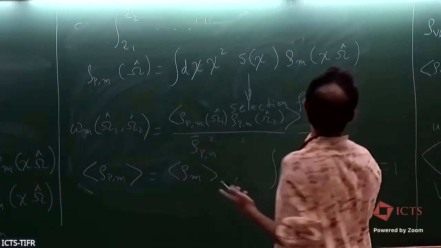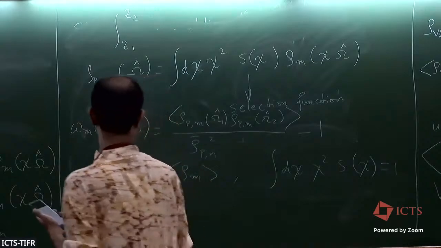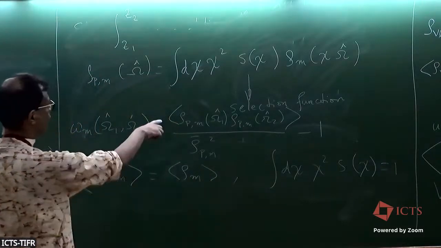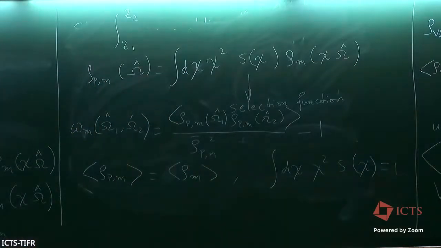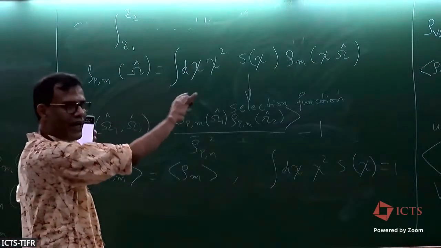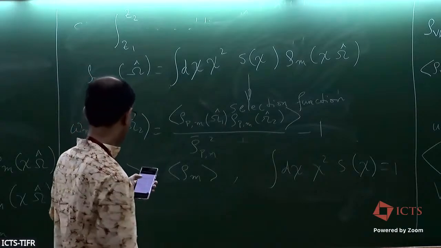And then you have to do a bit of calculation here, because now this rho projected m I have already related to the usual rho m. So you have to put this back and do some calculations.